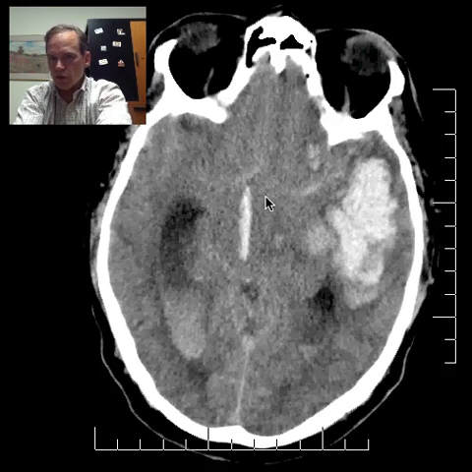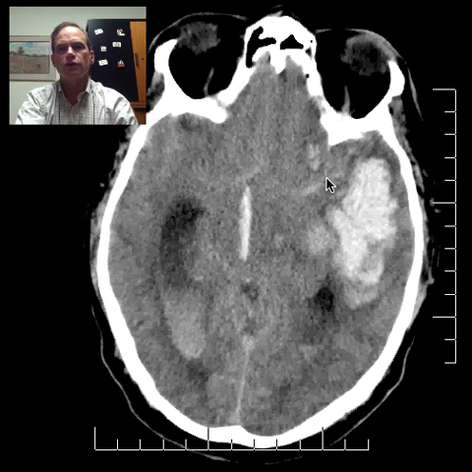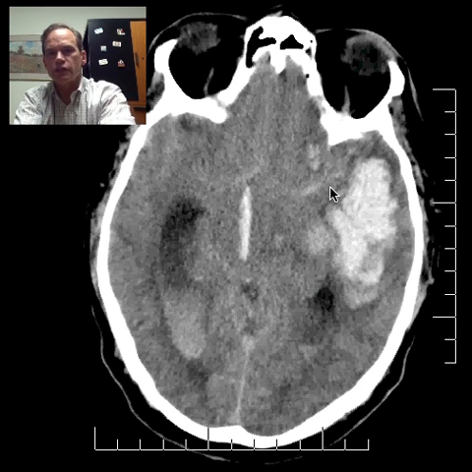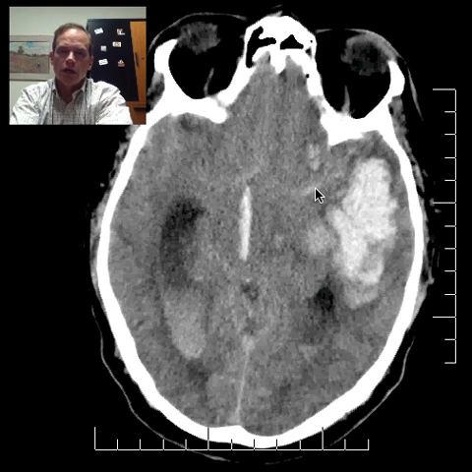But along this length of middle cerebral artery, and by the way, it's important to know that this proximal segment of the middle cerebral artery, before it branches, is called the M1 segment. So if you want to go from good to great, describe this as the M1 segment of the left middle cerebral artery.